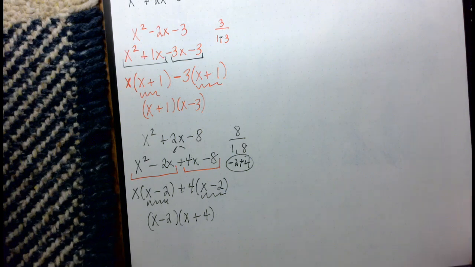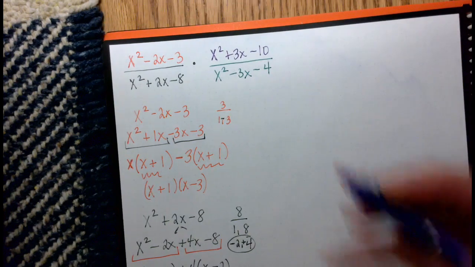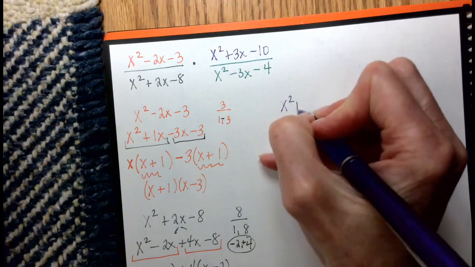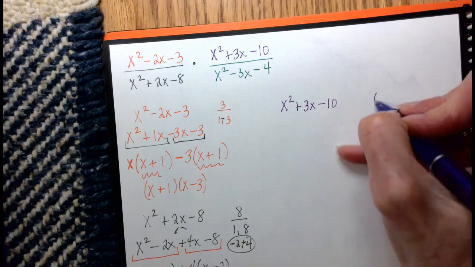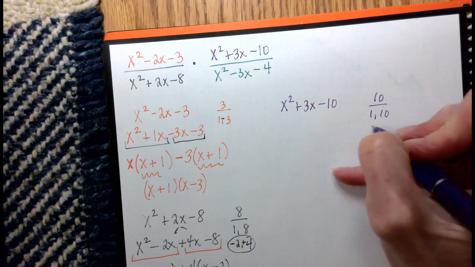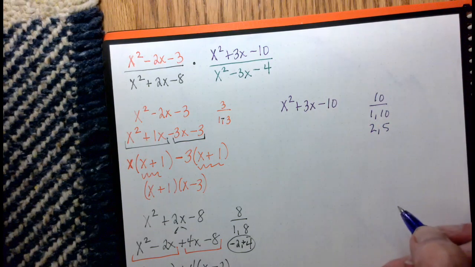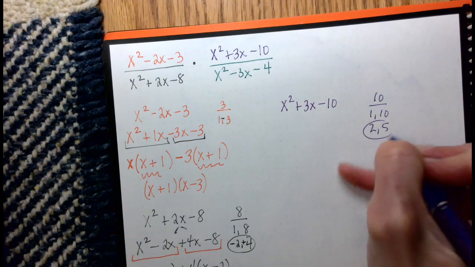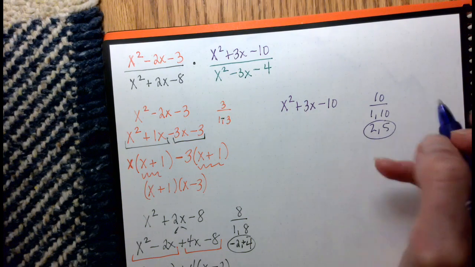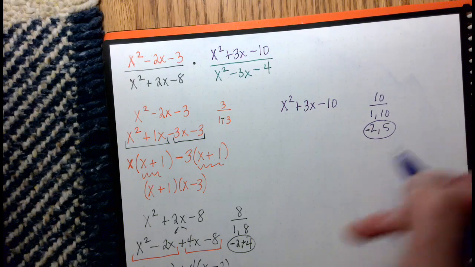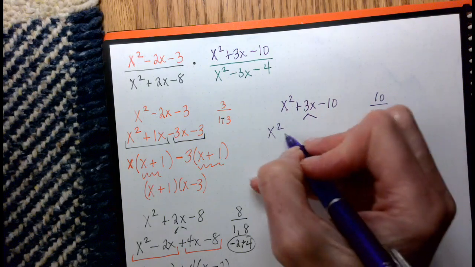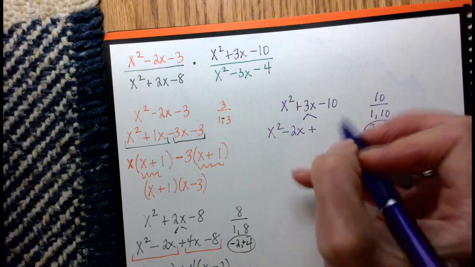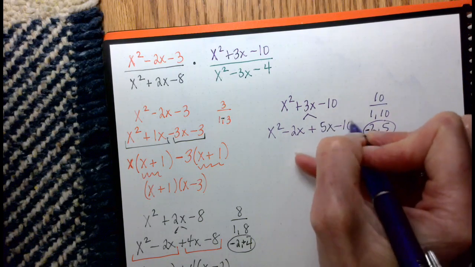Moving on to the purple expression of x squared plus 3x minus 10. Same idea here. 1 times 10 is 10. The factors of 10 are 1 and 10, and 2 and 5. We need to pick factors that combine to be 3, which is going to be the 2 and the 5. 5 minus 2 is 3, and that's what we need when we split the middle. So it's going to be x squared minus 2x plus 5x minus 10.